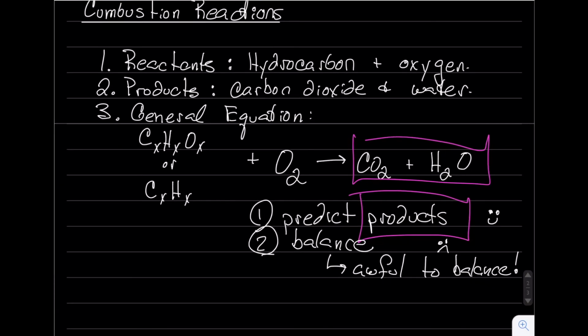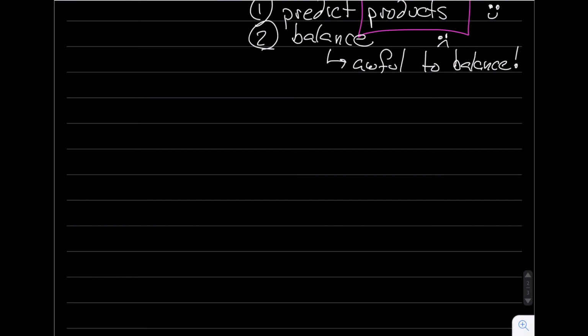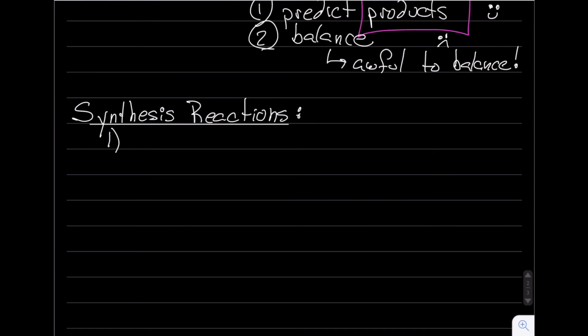All right, on to our second reaction type, which was synthesis reactions. So for a synthesis reaction, let's see, the reactants are going to be two things, just two things.